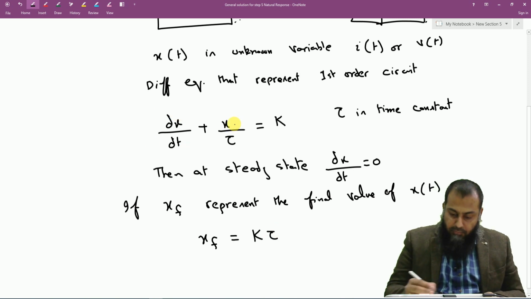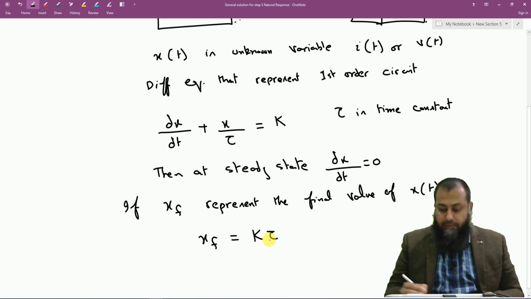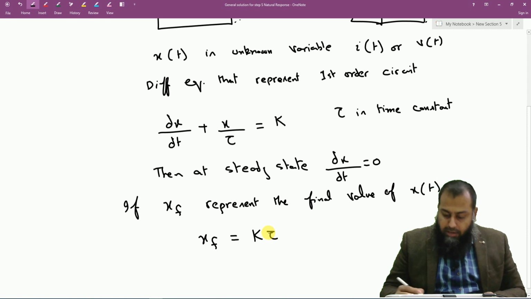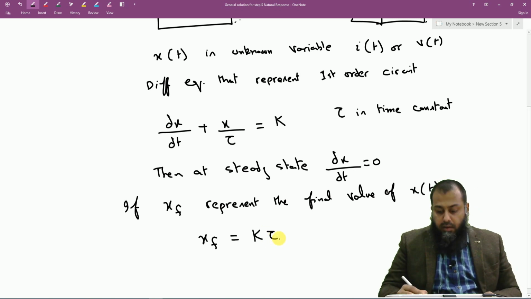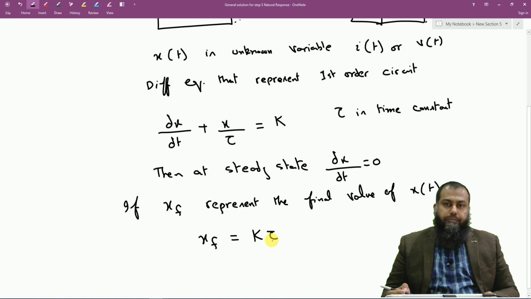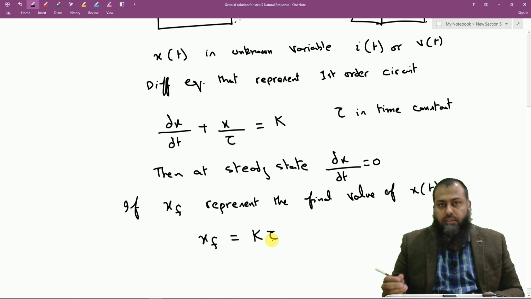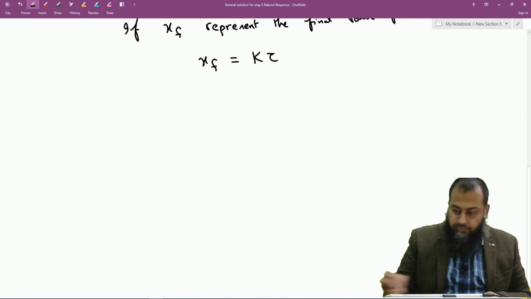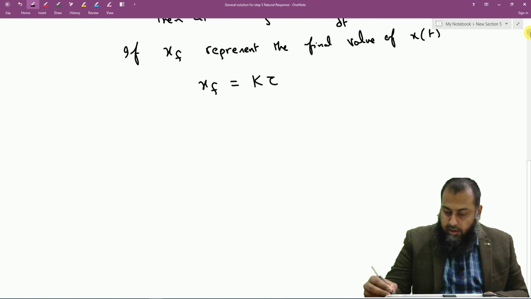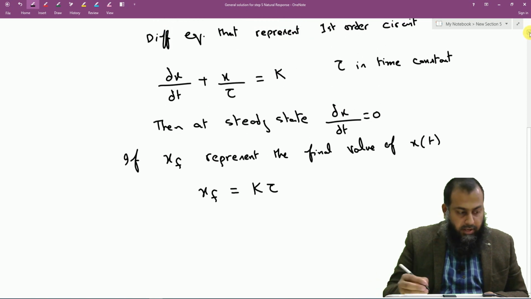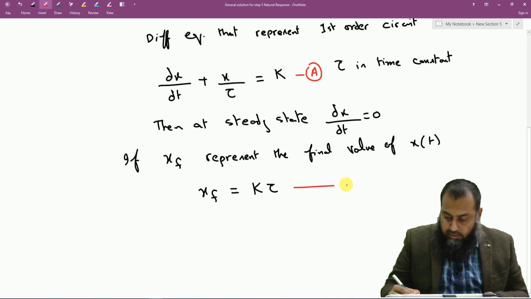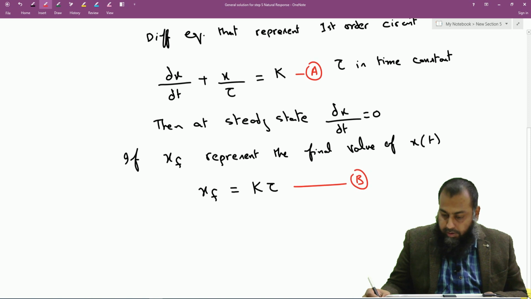So xf should be equal to k times this tau, which means that the final value will depend entirely on the time constant of a given circuit, right? So xf is equal to k tau, and let me rename the equations as well. So let us say this is equation A, and this is equation B, right?